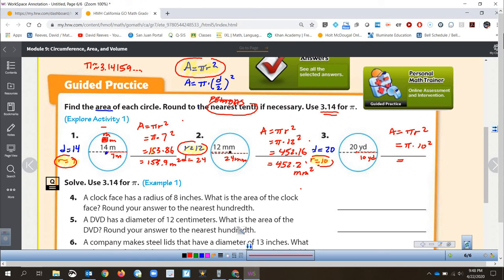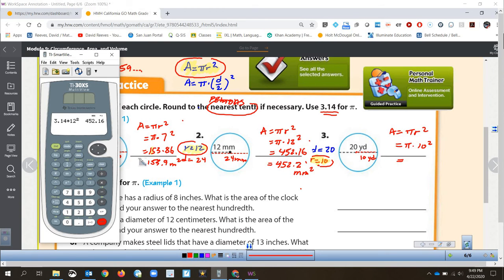All right, and finally our last one. Here we go. Our last one, we have a radius of 10. So again, I'm going to clear this out, and I'm going to do pi times 10 squared. Now again, they told us to use 3.14 for pi times 10 to the second power.